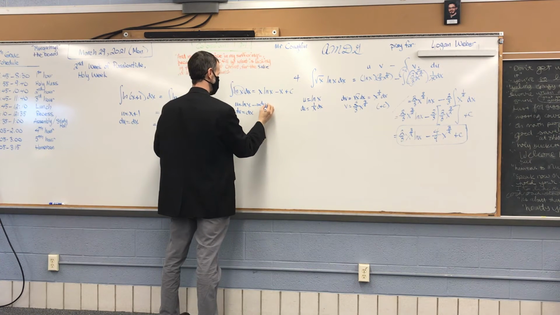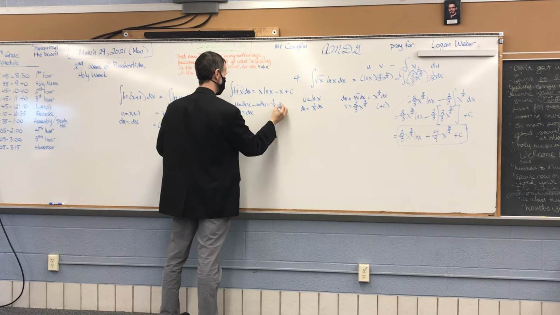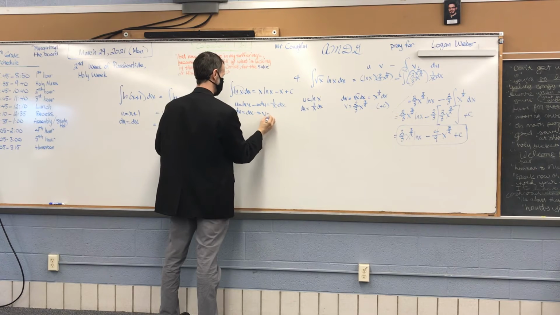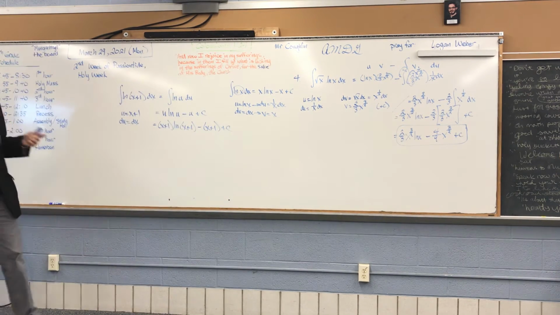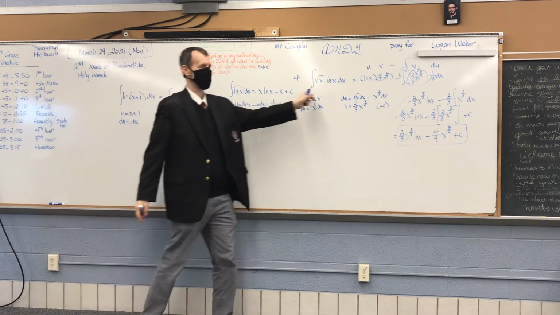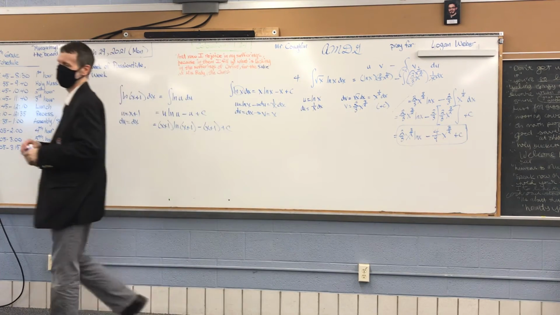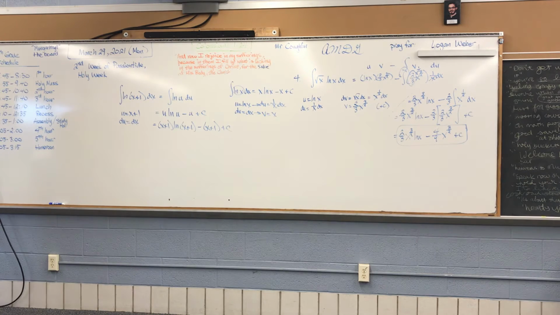So du is equal to 1 over x dx, and then v is equal to x. Then you just do the integration by parts, and you'll get this. It's relatively straightforward, so it's not a tragedy if you don't memorize that. It'll take another minute and a half to get the answer. Questions on that? Alrighty.